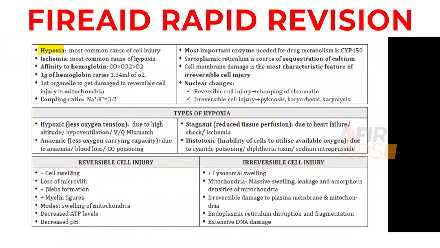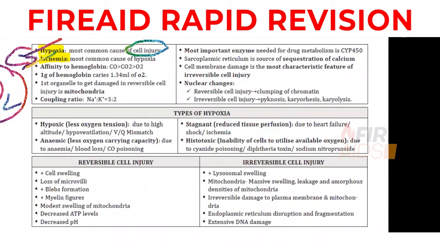Hypoxia will lead to ischemia, because hypoxia is the most common cause of ischemia. Hypoxia itself is the most common cause of cell injury, which simply means low oxygen means there is going to be cell injury. So these are two different MCQs which state the same thing.